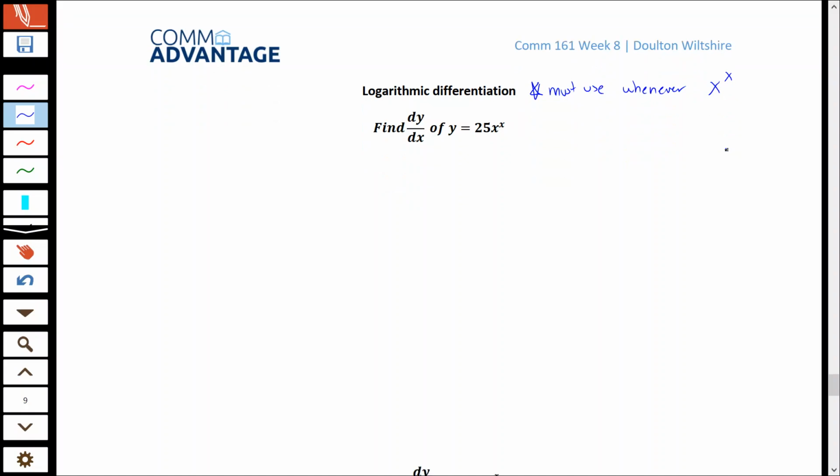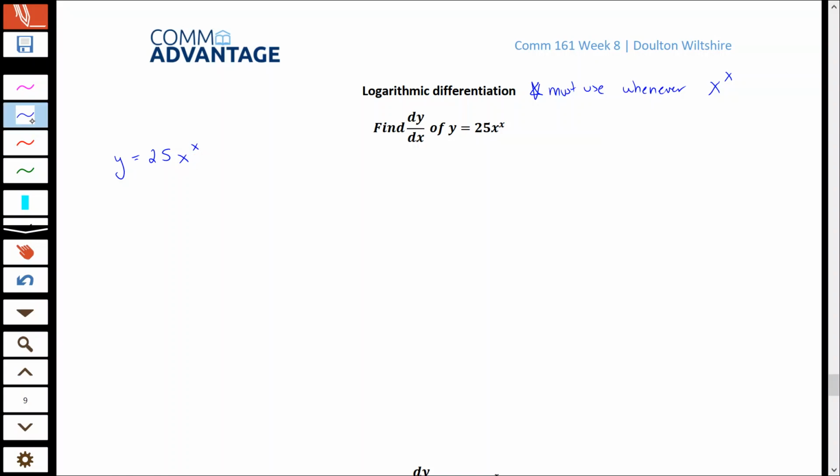And so if I want to figure out the derivative, if I have y equal to 25x to the x, and I want to take the derivative of this, I have to first simplify. There's no rule that allows me to take the derivative when I have an x in both the base and the exponent. We just don't have that.